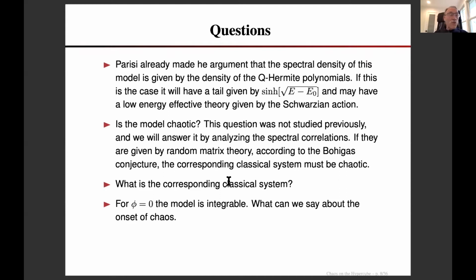So you could wonder, what is the corresponding classical system? It could be a classical system of Majorana fermions, but we haven't really addressed that question. So we know that for phi equal to 0, the model is integrable. So what can we say about the onset of chaos?